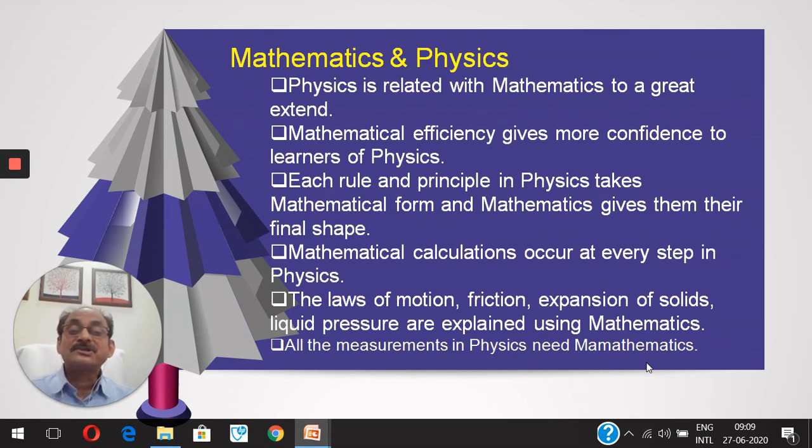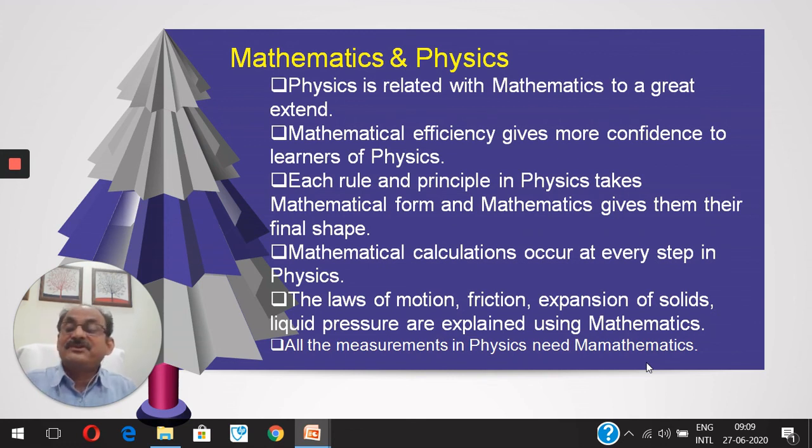Mathematical calculations occur at every step in physics. You can see here, when you derive the physical formulas, mathematical steps, mathematical calculations definitely occur. The law of motion, friction, expansion of solids, and liquid pressure are explained using mathematics. You see here, the law of motion also uses mathematics.